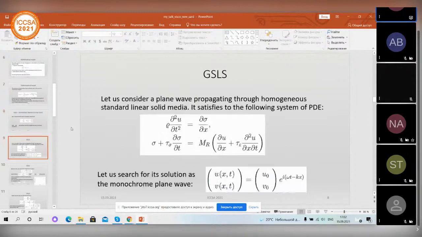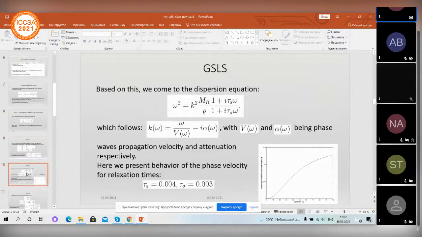That means that when we come to the differential equations, they will be equations like this one, and there appears the so-called attenuation alpha of omega, and the dispersion equation looks like this. So there is both the phase propagation and attenuation, which are dependent on the time.